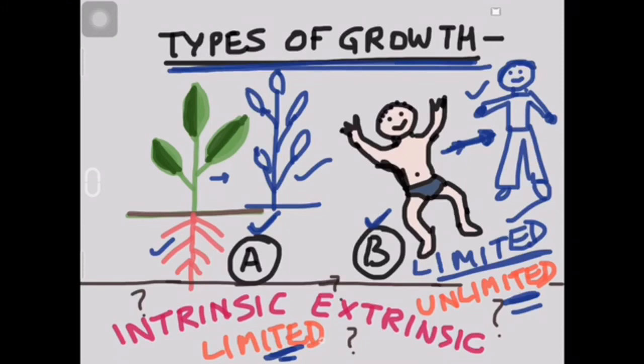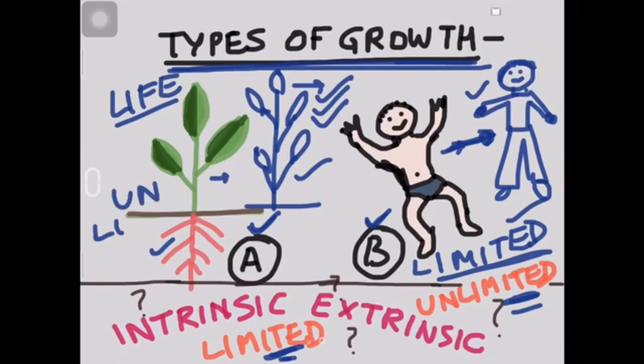Whereas in plants, this is not the case. They keep on increasing in their number of cells, they keep showing growth throughout their life. Hence, what kind of growth are the plants showing? Unlimited growth.